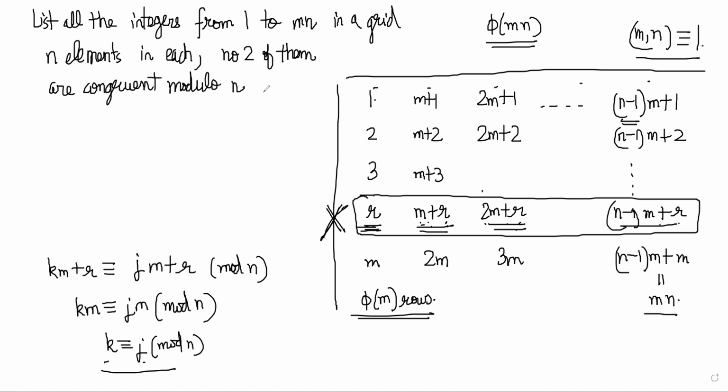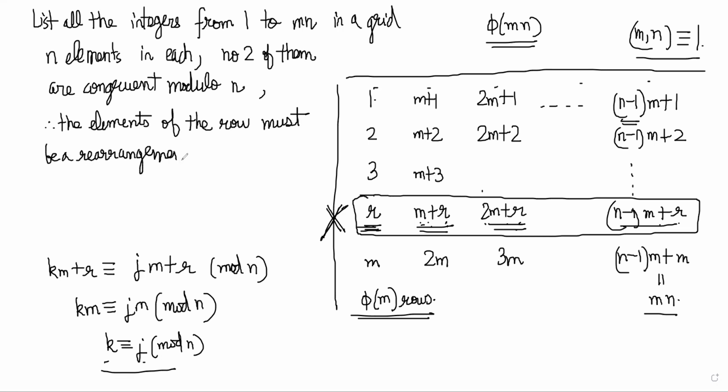Therefore, the elements of the row must be a rearrangement of 0, 1, 2 till n minus 1 mod n. These are all the possible residues mod n, and we have n elements.